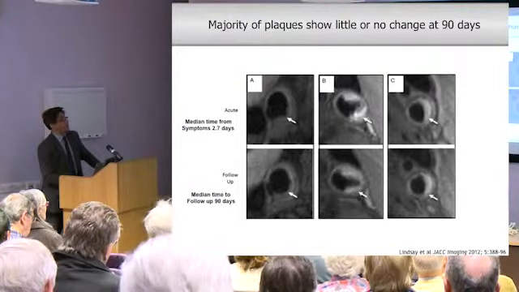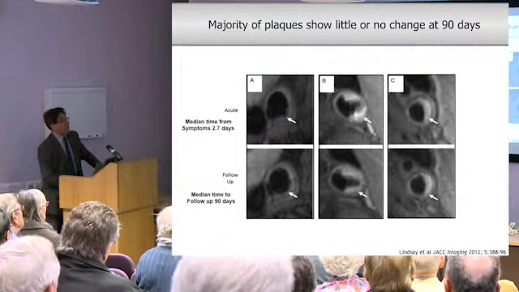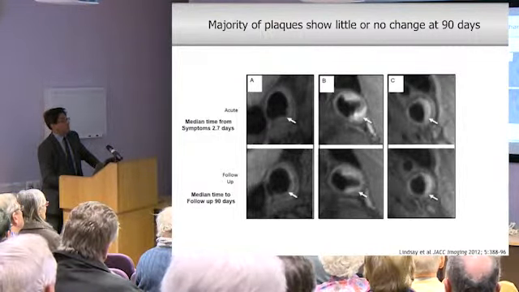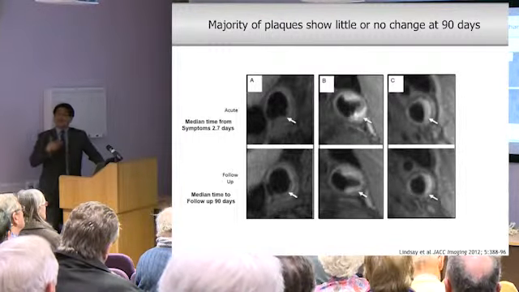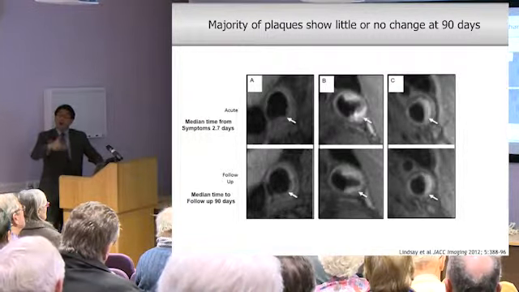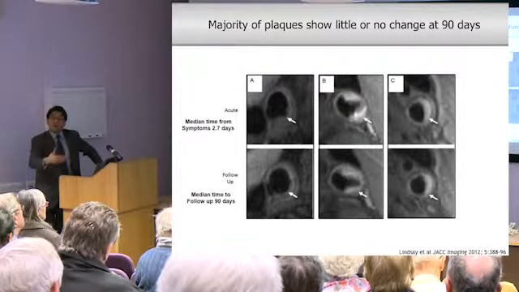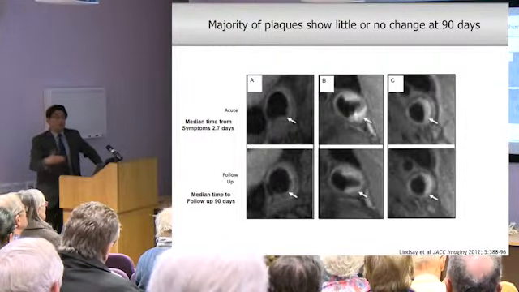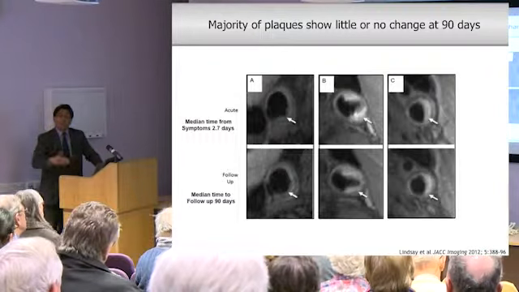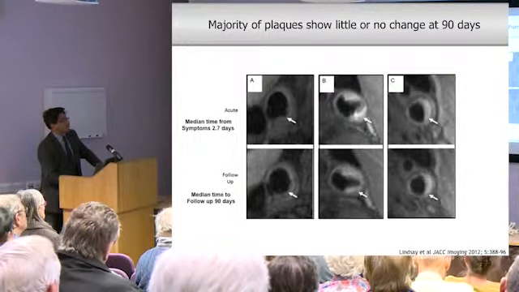And so we took the trouble to try and image the carotid arteries of patients very early, in fact a median of just 2 days after the mini stroke, to see if we could identify features of the carotid artery that would predict which patients would go on and have a stroke, because of course if we could do that, we would open up an opportunity, a window in which we could intervene specifically in those patients and hopefully reduce the risk.